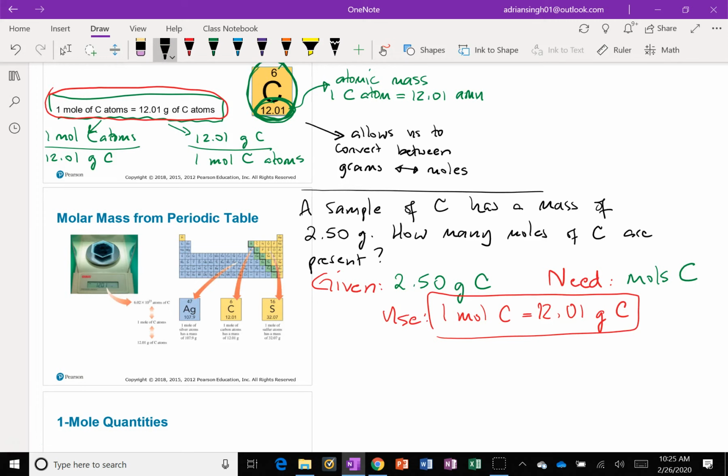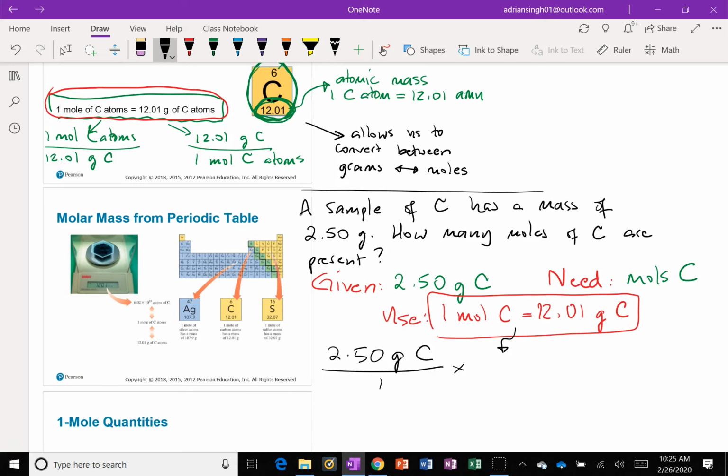So our units are going to guide us when we set this up, right? We start with what's given, 2.50 grams of carbon, put that over 1, and then we take our equality and turn it into the conversion factor that makes sense in terms of the unit.